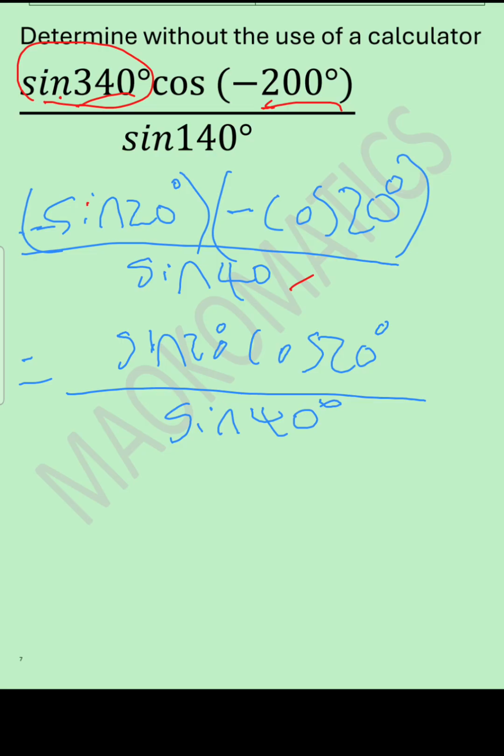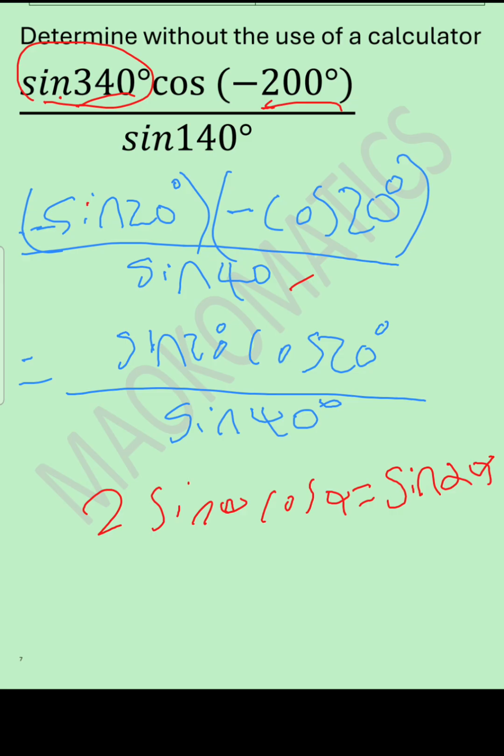So what I will do is, for it to be the double angle identity of sine, it says 2 sine alpha cos alpha is equal to sine 2 alpha. Now, in this case, I don't have that 2 in front.